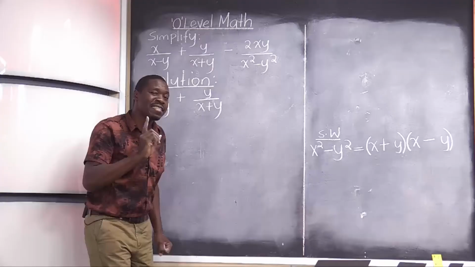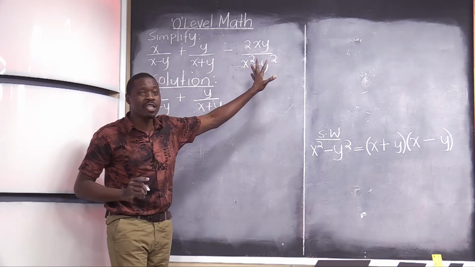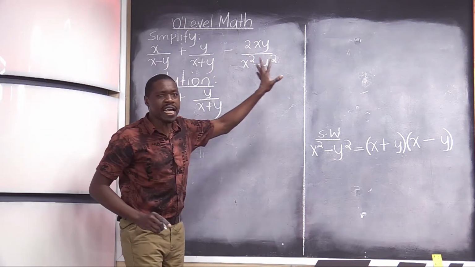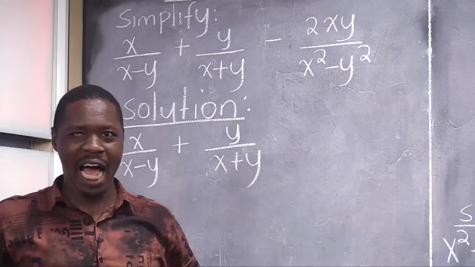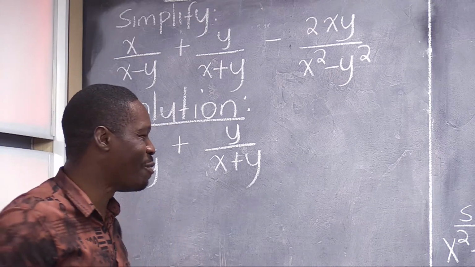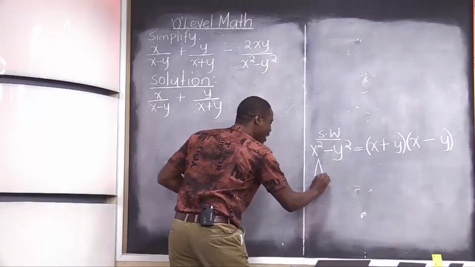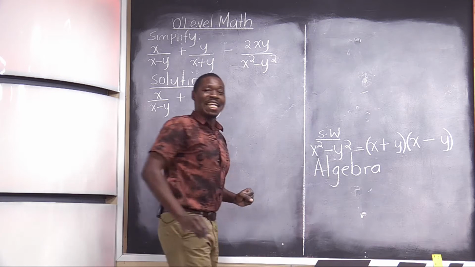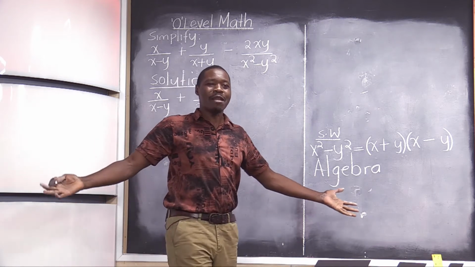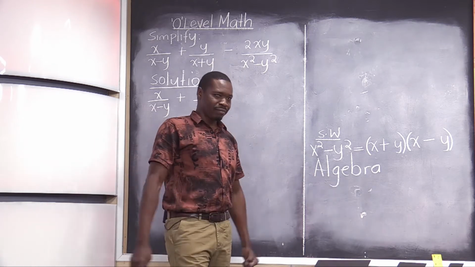Remember, the examiner wants us to simplify this expression. This is an algebraic expression. Oh, some people are getting worried because I'm bringing in the word algebraic. Algebraic comes from the word algebra. Algebra is a branch of mathematics that deals with bringing broken parts together.